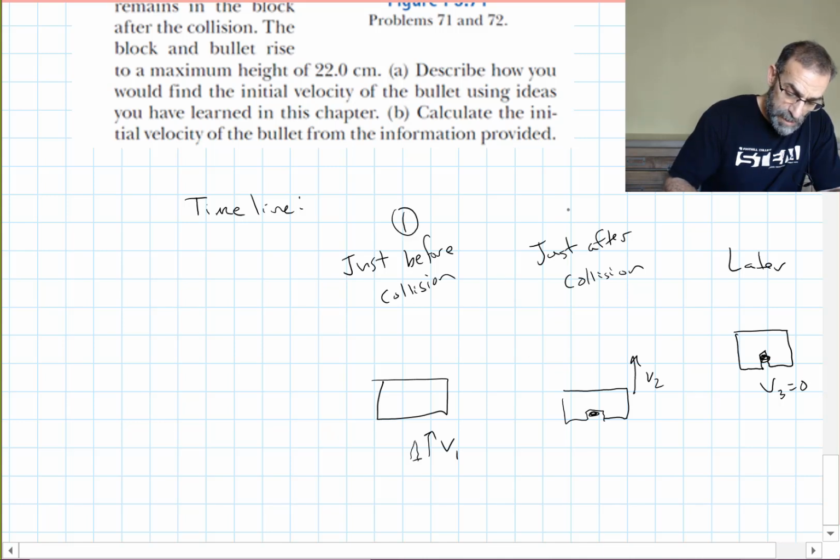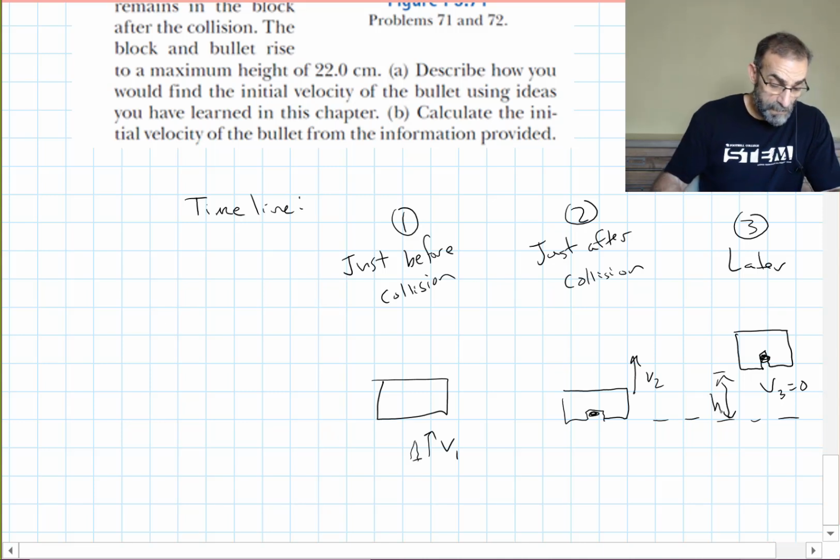And we'll call this time 1, time 2, and time 3. And we're trying to find that height, I believe. Oh no, they give us the maximum height. We're trying to find the speed of the bullet.